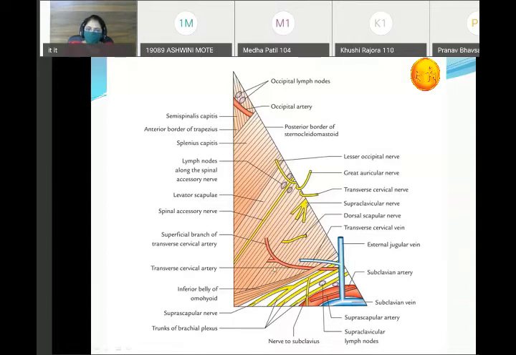Here you can see the superficial branch of the transverse cervical artery. Superficial branch of the transverse cervical artery. All these arteries we have seen long back in the scapular anastomosis.